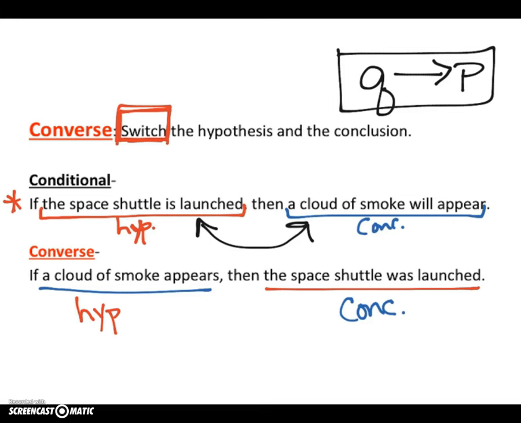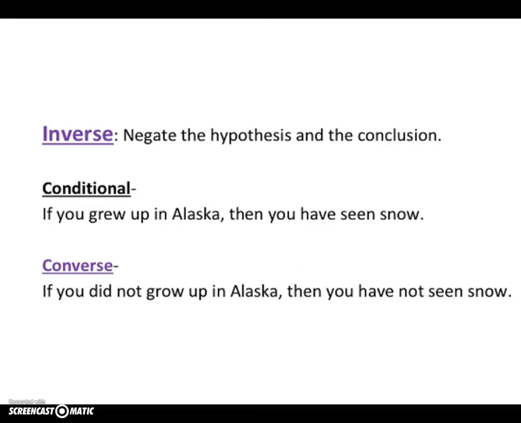Next, we're going to be looking at inverse. For an inverse, we are negating the hypothesis and the conclusion. And remember, negate means that we are adding the word not, or we're changing the meaning of this. We use the tilde to represent not, and we talked about that with our logic sentences.